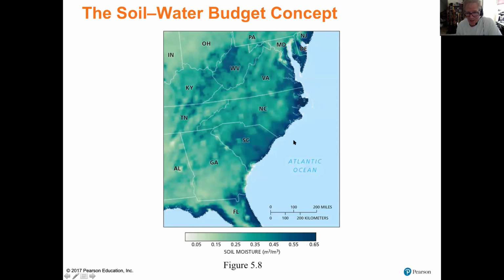Because it carries a lot of heat energy, there's a lot of evaporation, so therefore a lot of precipitation, and it falls down on the ground, and that runs back down to the coast. And so the coastal areas along the east coast have high soil moisture content, the highest in the US.